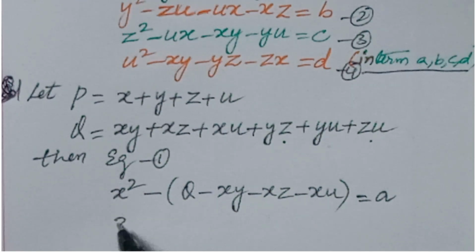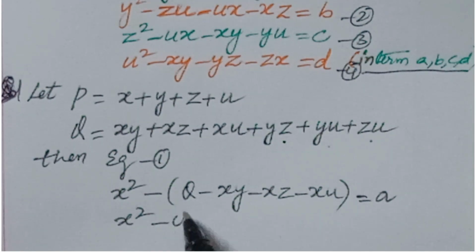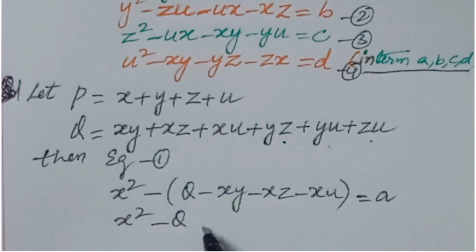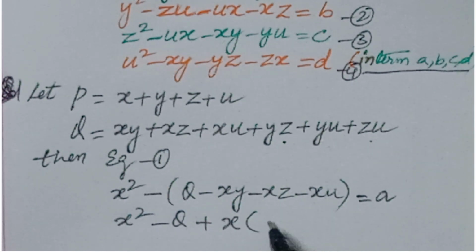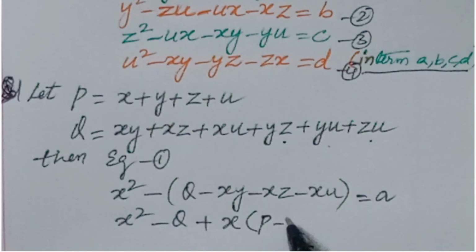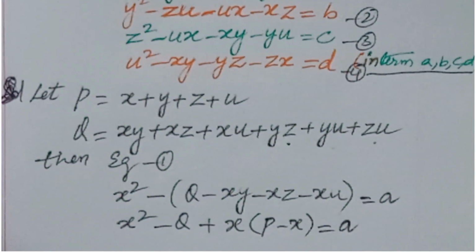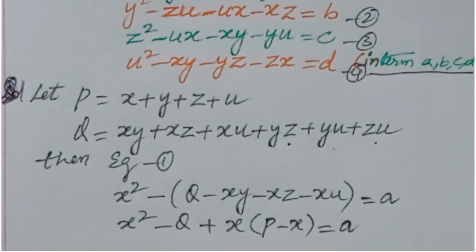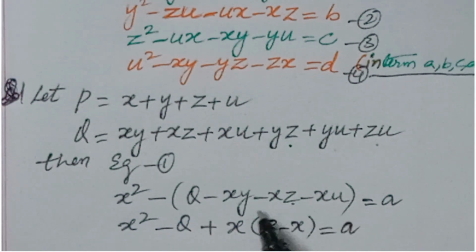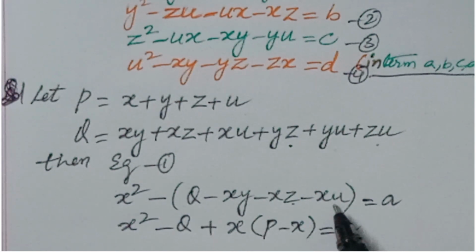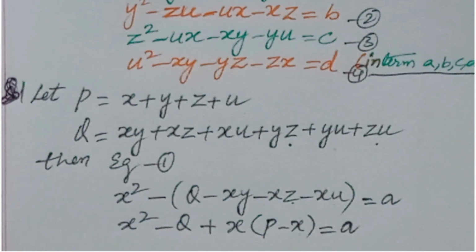Now x² − q + x times (p − x) equals a, taking x common, since y plus z plus u is p minus x.